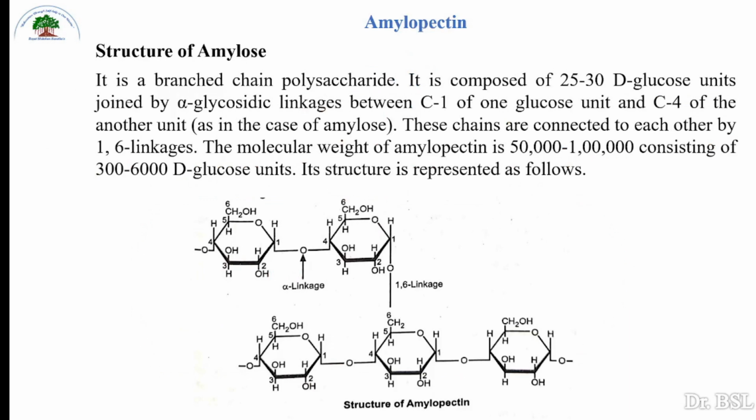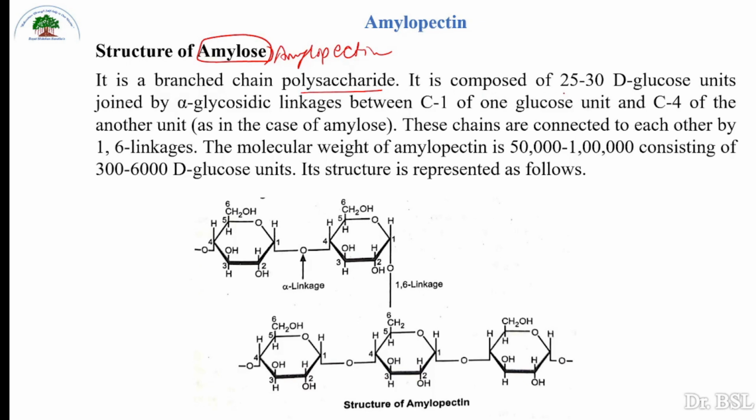And here, this is the structure of amylopectin. Structure of amylopectin. It is branched polysaccharide.